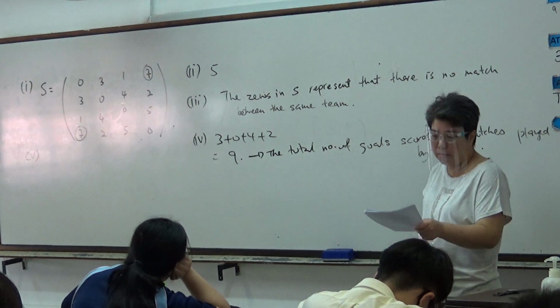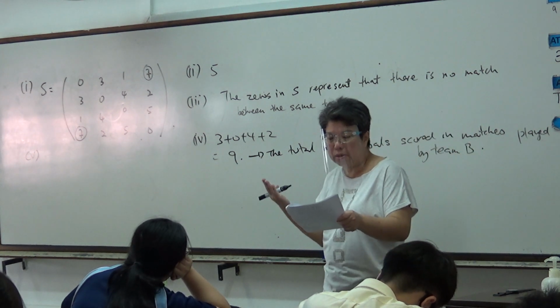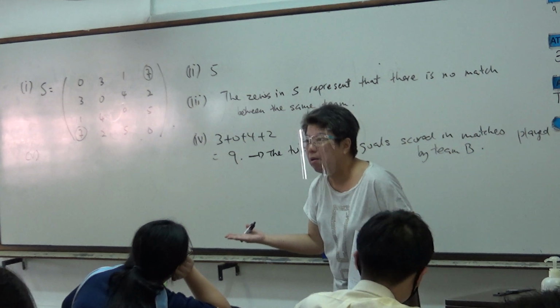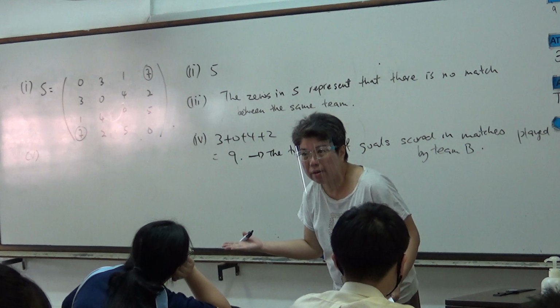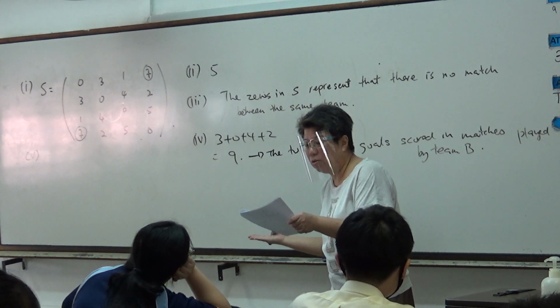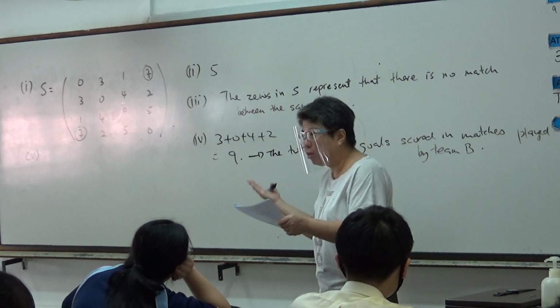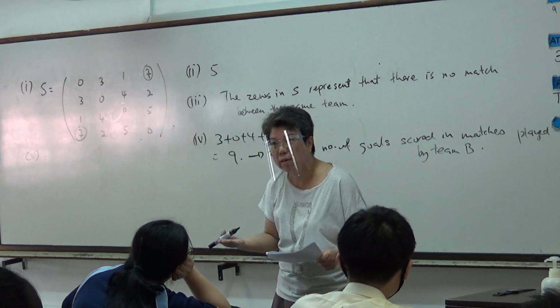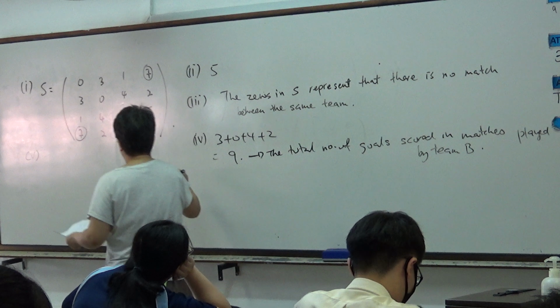Why would it be the same? Because the total number of goals scored in the match between 2 teams will be the same, right? Am I right to say that? Yes or no? Team A played against team B means team B played against team A. The same thing. Alright? Okay, so part 5.